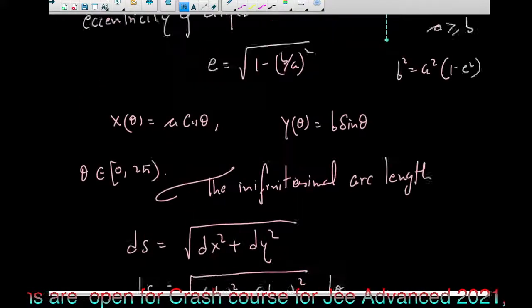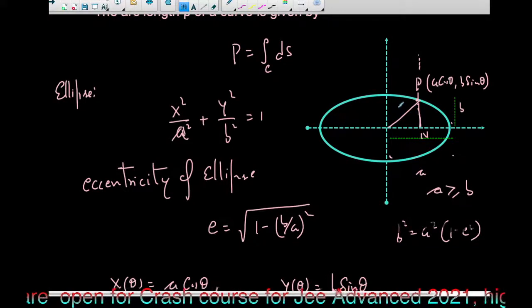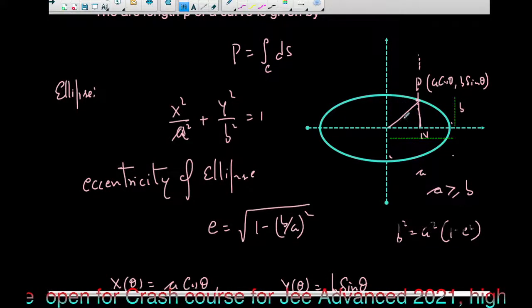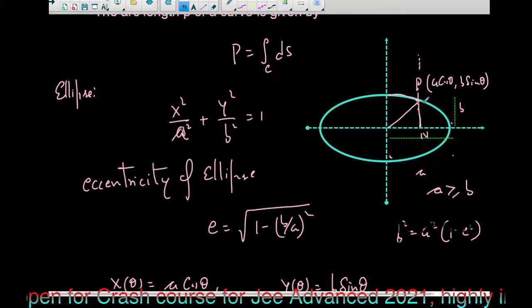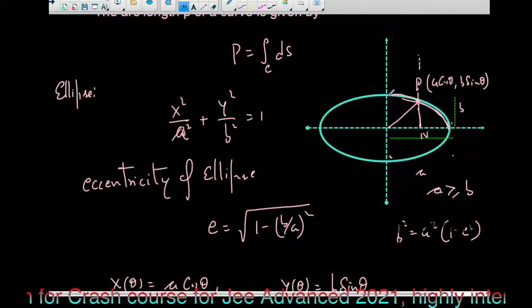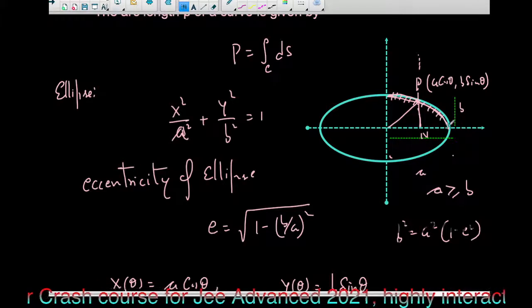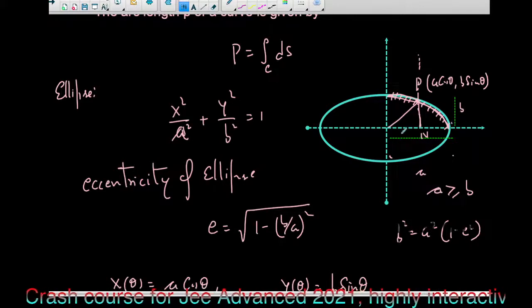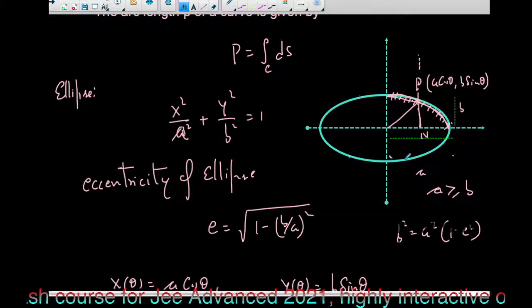Perfectly, if you see this diagram, it is symmetric in all the quadrants. If I take this part length and give it to you, then you multiply by 4, can't you find this is the same? This part and this part are the same.